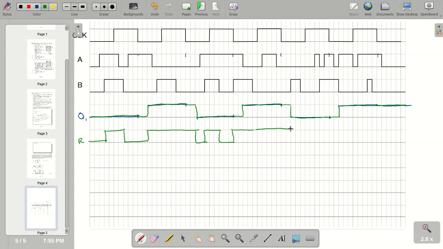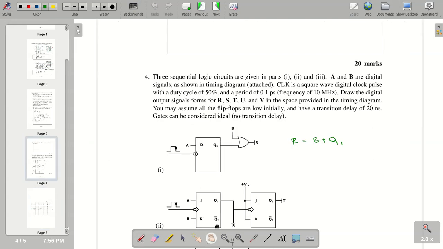Now here it stays high, down there, up, and keeps on going. That is what the output for question number 1 should be, part 1 from question 4 actually. Okay, that one is done. Let's move on to the next one.